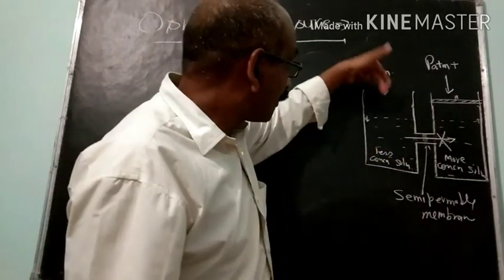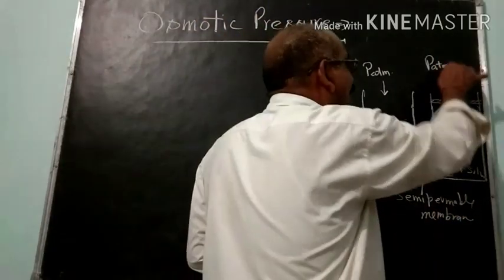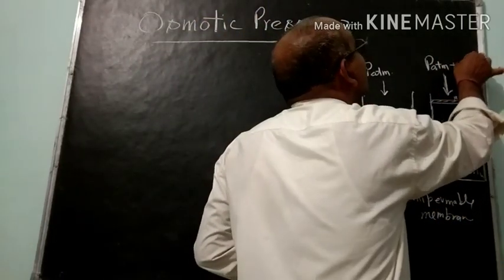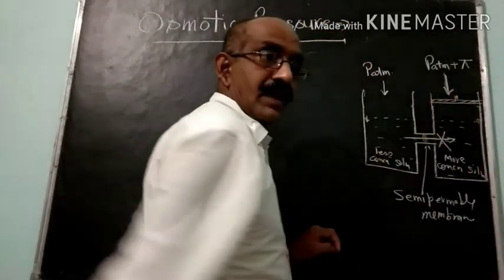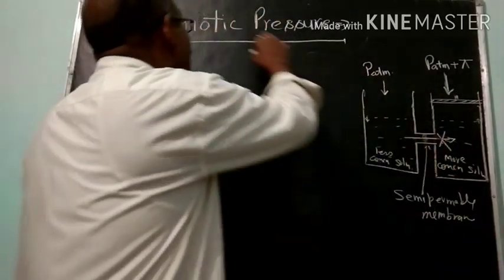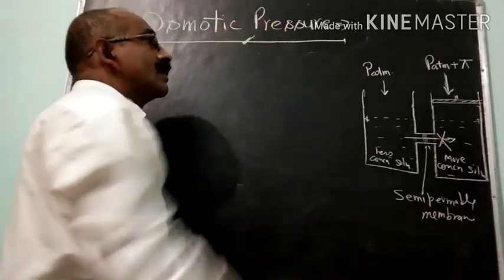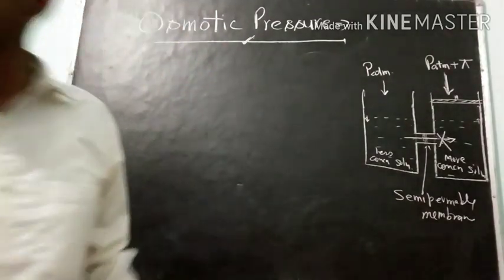Means the process of osmosis gets checked. So the minimum external pressure which must be exerted over the solution, sufficient to check this osmosis, is called osmotic pressure. So what should be the definition?